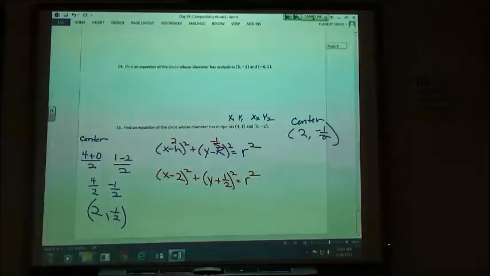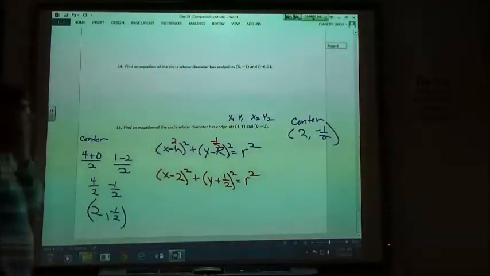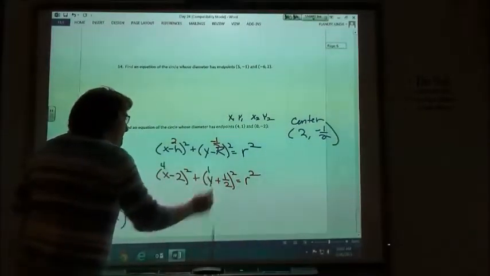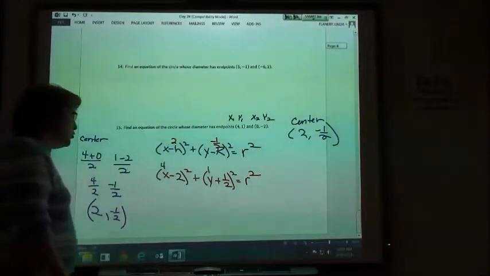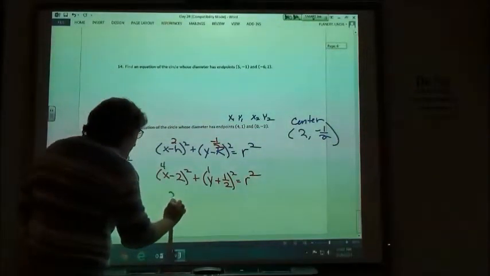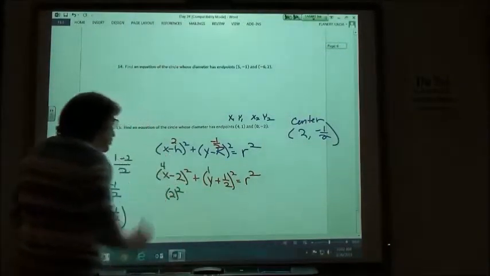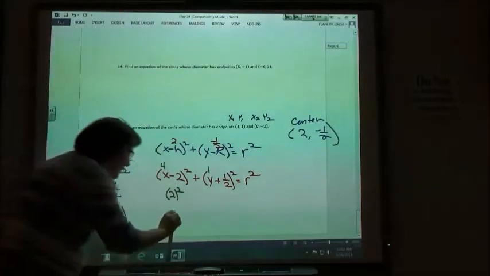Which pair do you want to use? We'll use 4 and 1. So 4 minus 2 is 2, and 2 squared then is 4.